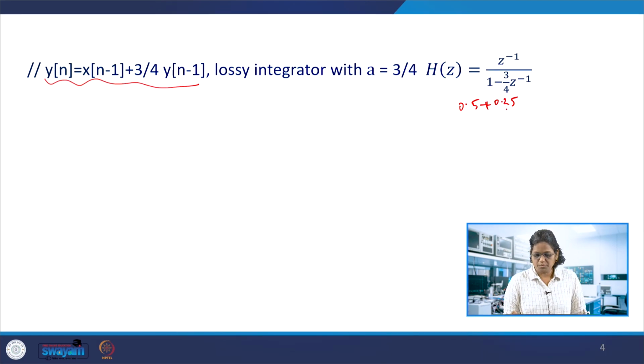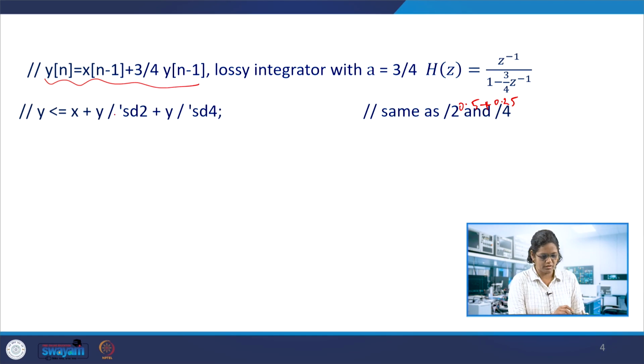So 0.5 plus 0.25 is 0.75. This expression can be written in another form as well: Y less than or equal to x plus y divided by decimal 2 plus y divided by decimal 4.